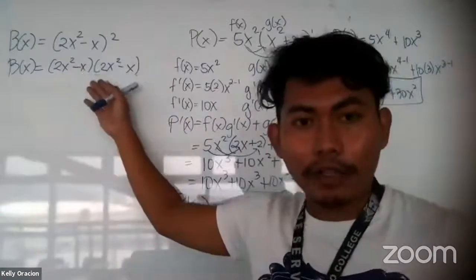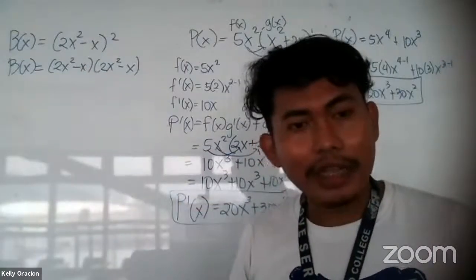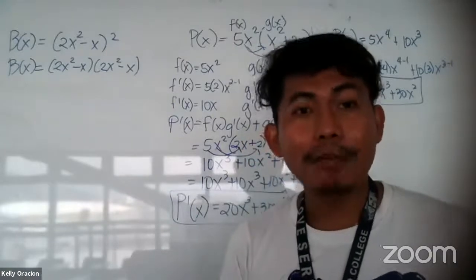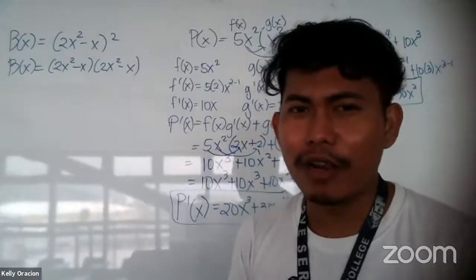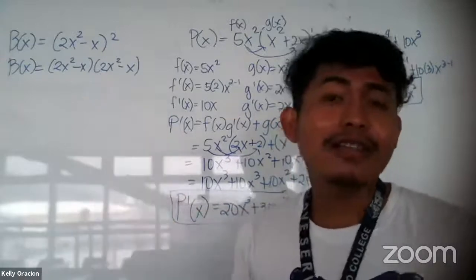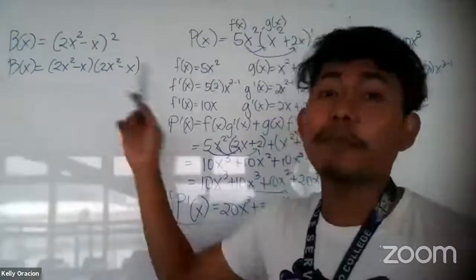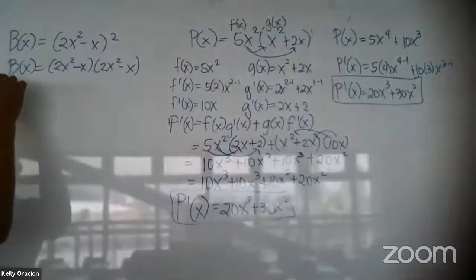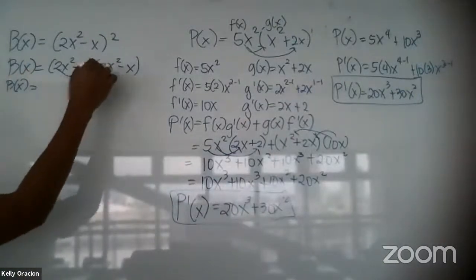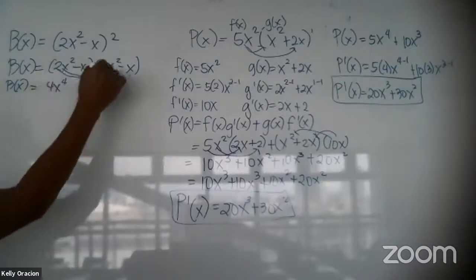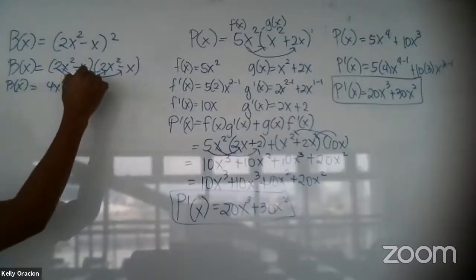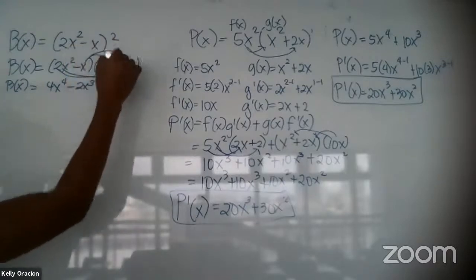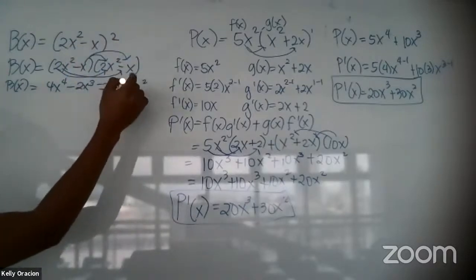If you use the product rule, you will get the answer. Again, if you use the product rule you will get the answer. But my suggestion is, do not use the product rule; it takes longer. Just simplify. So b of x equals 4x raised to 4 minus 2x cubed minus 2x cubed plus x squared, sorry.